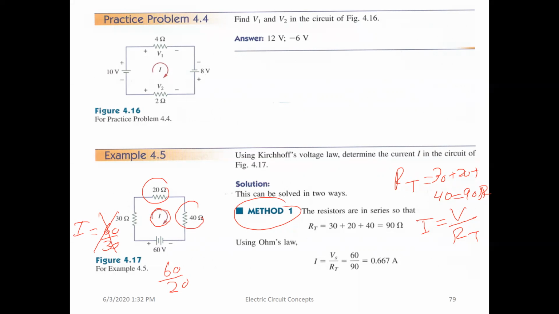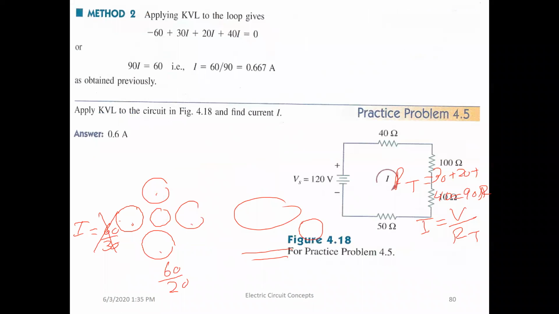When we apply Ohm's law, we have to find the voltage across that resistance and the resistance, and then we apply Ohm's law to find I. But because you are given 60, it's not applied only to the 30 ohms or the 20 ohms by itself or the 40 ohms. It applies to the total. That's why we need to find RT, and after that we apply Ohm's law. This is very important information you should know.